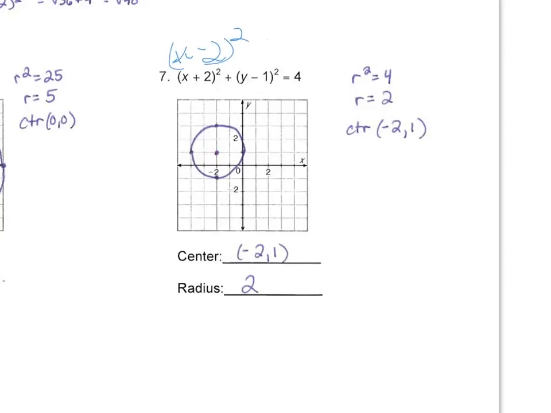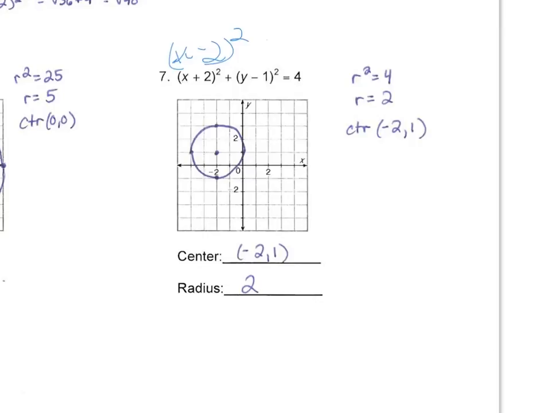And then for our radius, we are going to get, because r squared is 4, the square root of both sides yields r equals 2. And we have a north, a south, an east, and a west point basically in all 4 different directions out from the center there that we can kind of use as guides to create the circle itself.